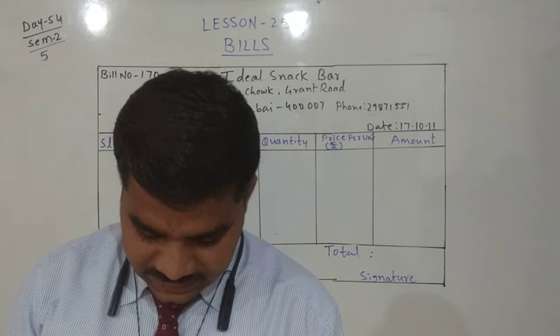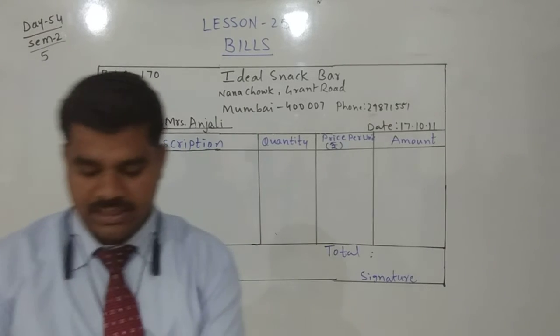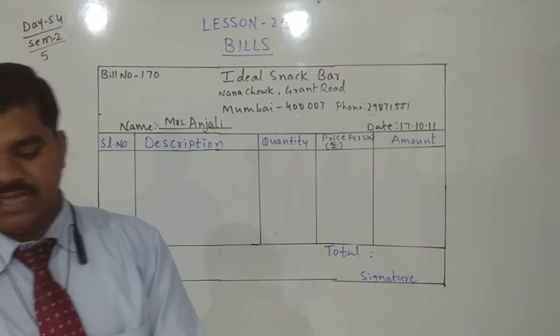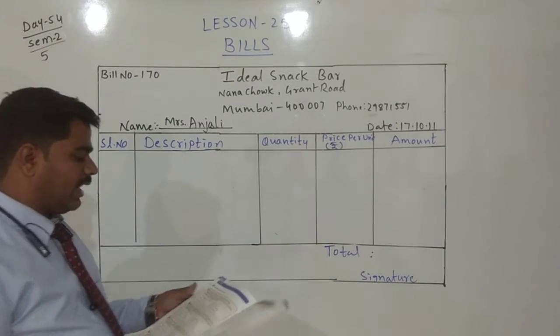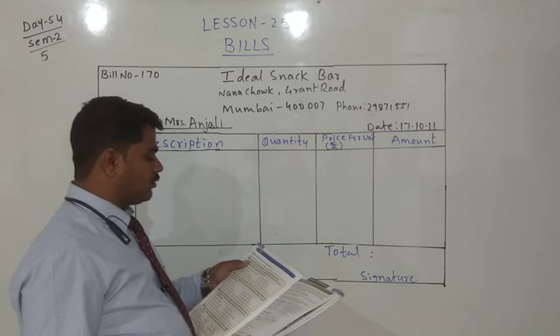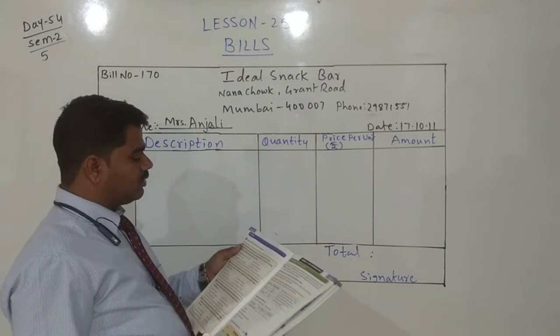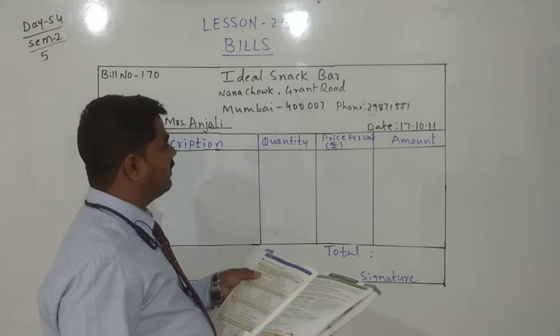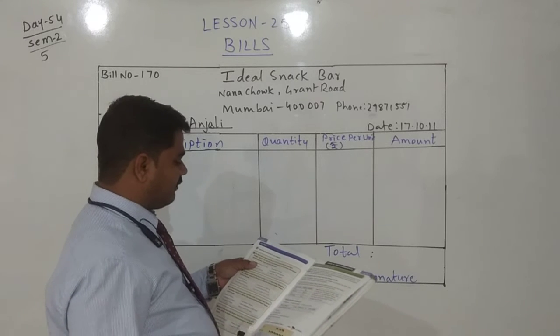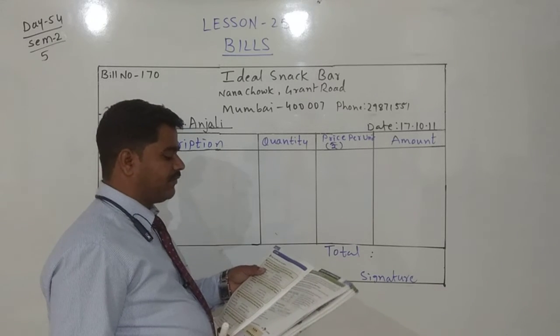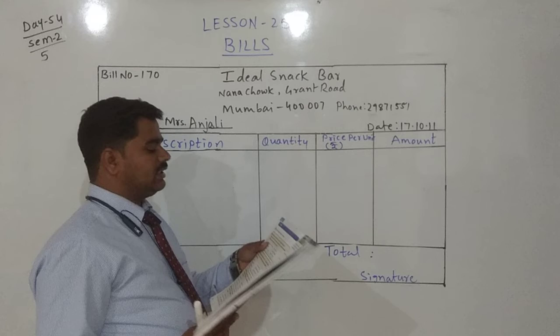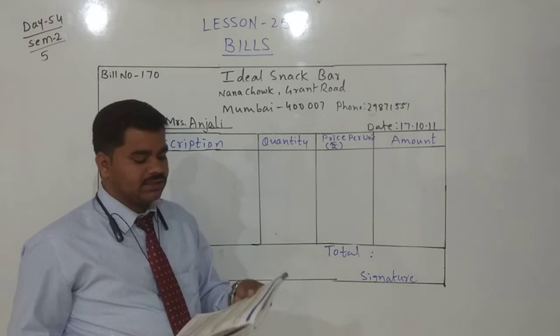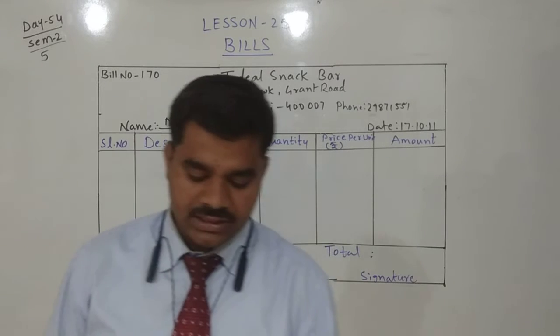Miss Anjali went to Ideal Snacks Bar on 17/10/2011 at Nana Chowk, Grant Road, Mumbai 400007. Telephone number 298715551, to purchase snacks for her children. She ordered the following items. Prepare the bill for the same.